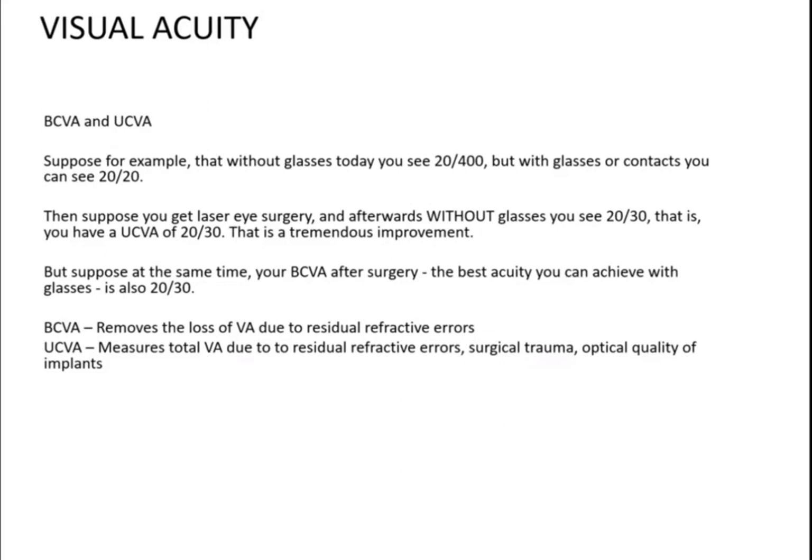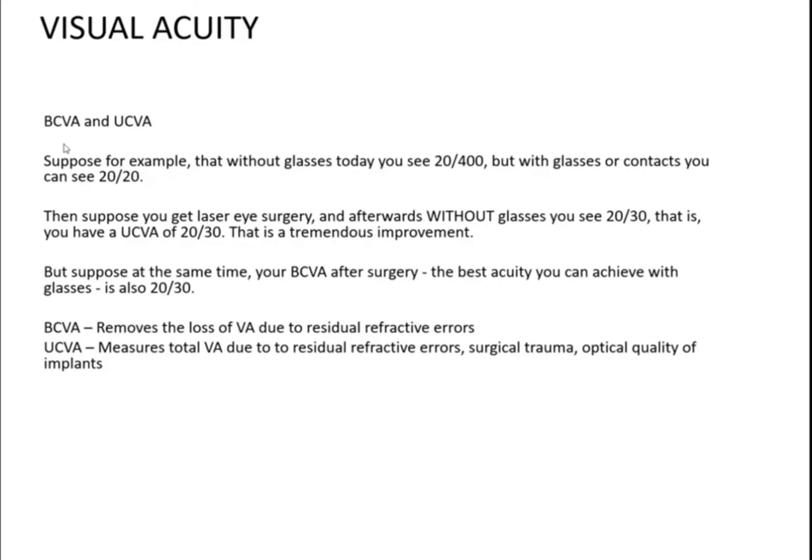Now, best corrected visual acuity is also going to be important when you are measuring near vision or intermediate vision. So, for example, if you are measuring near vision at a certain distance that the IOL is supposed to be able to provide, then you would be better off doing it at the best corrected distance visual acuity.